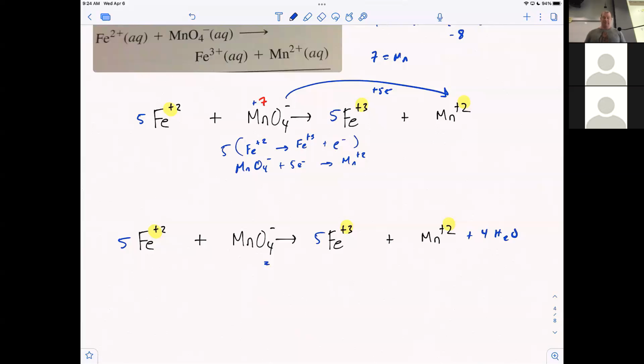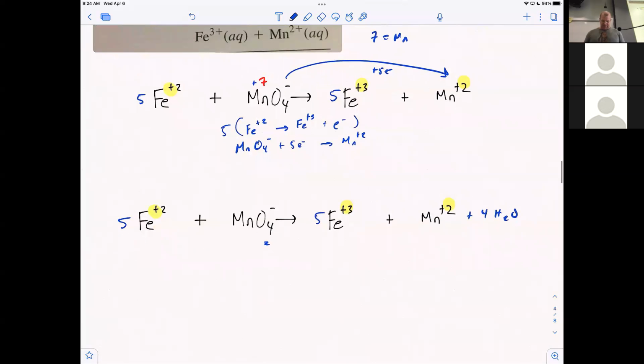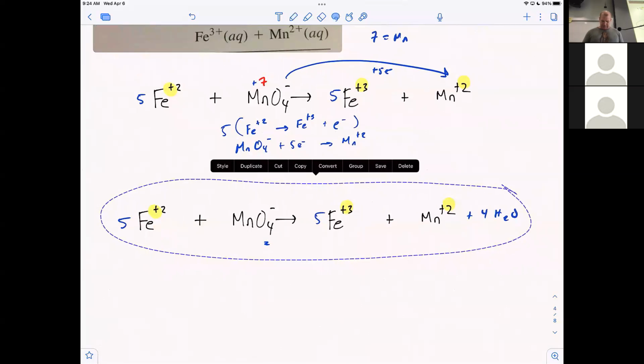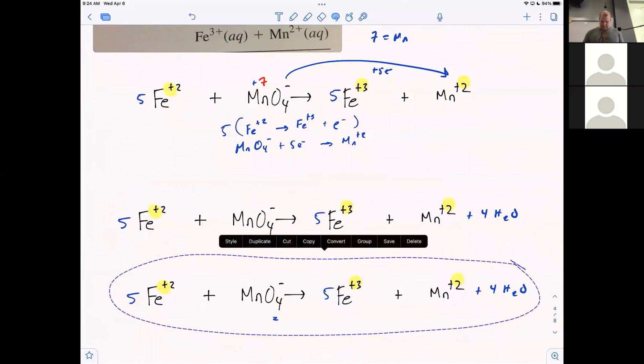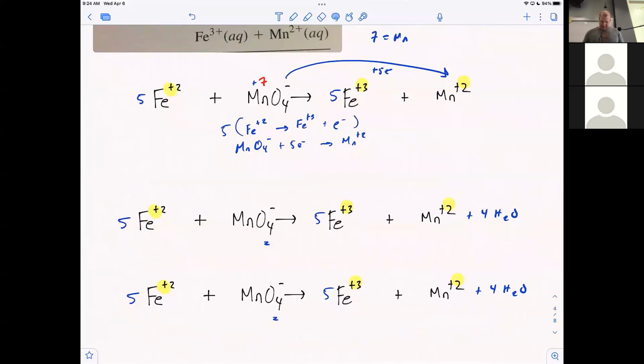So now the last step is hydrogens. I'll go ahead and copy this. So now there are 4 times 2, or 8 hydrogens.